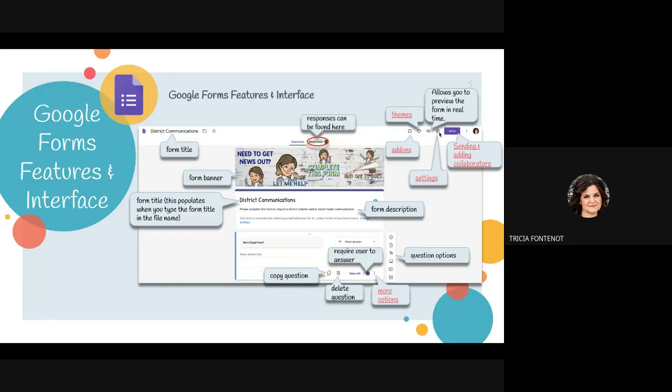And the gear wheel is your settings for the form. Again, we'll talk about that in more detail. But I do want to tell you that whether you're in Forms or Slides or Docs, the settings are always going to be found at this gear wheel.